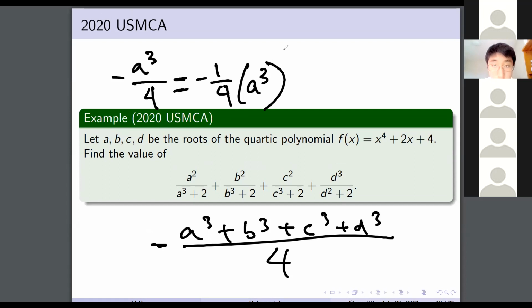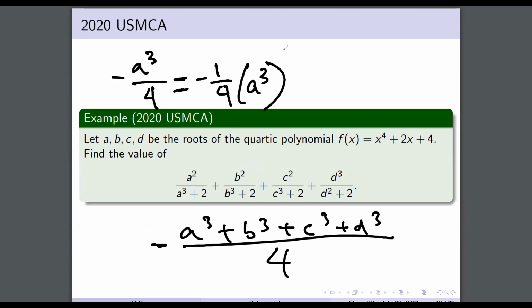Basically a cubed is negative 4 over a minus 2.